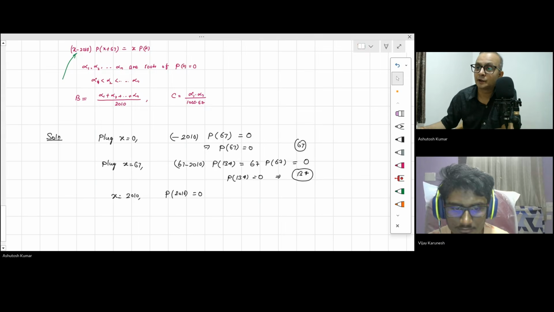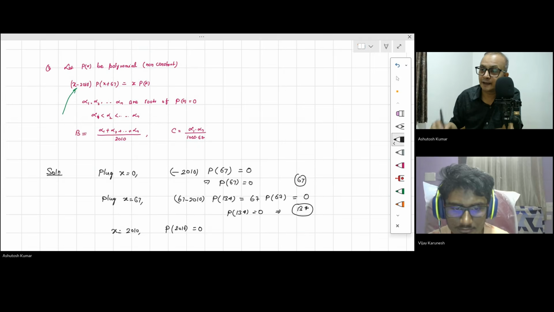Why so? Because after 2010 it is not possible to iterate further. This P(2010) is achieved not from a previous number but exactly at 2010.